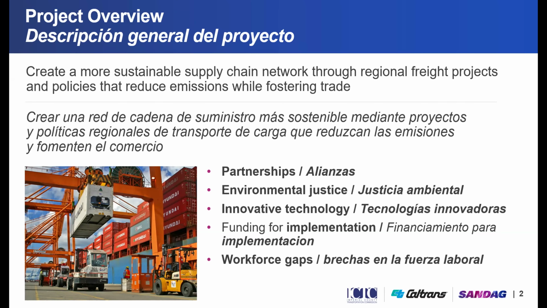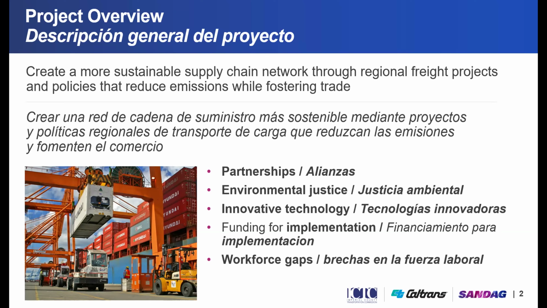This plan intends to create a more sustainable supply chain network through regional freight projects and policies that reduce emissions while fostering trade and to meet state climate, air quality, and health goals.